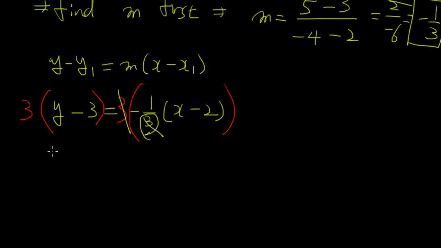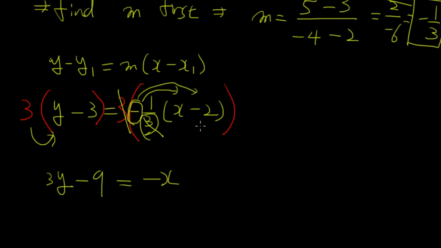So let's expand this. This multiply this here would be 3y minus 3 times 3, 9, equals. This 3 canceled out, but we have to be very careful because this minus is still there, live and well. So we need to apply this minus inside, which will change this x to negative x, which will change this minus 2 to plus 2.